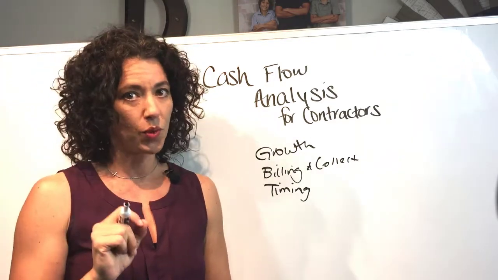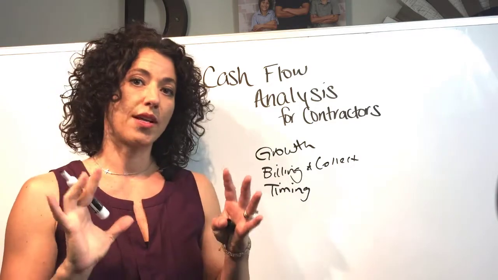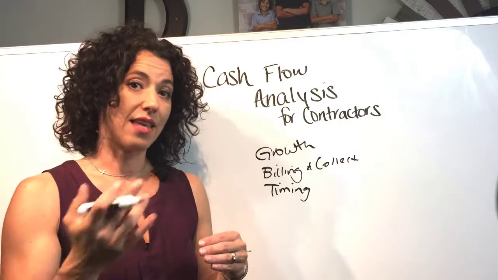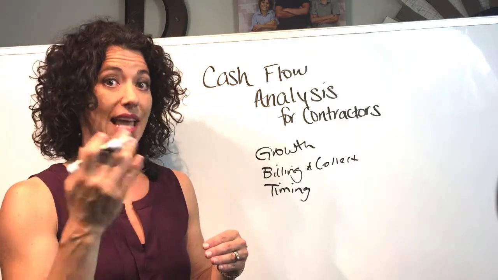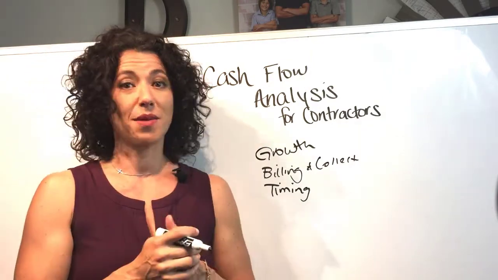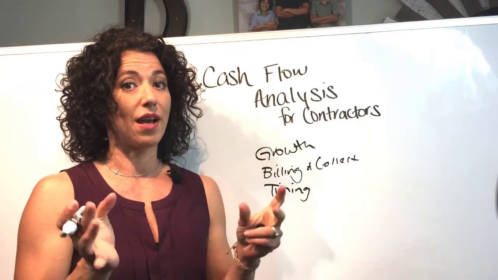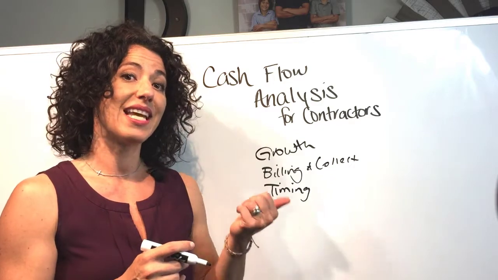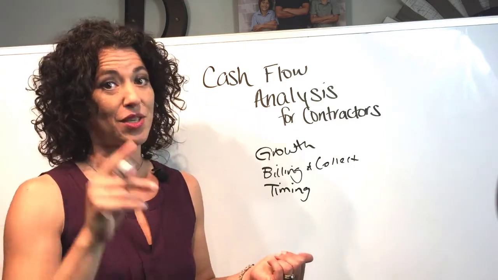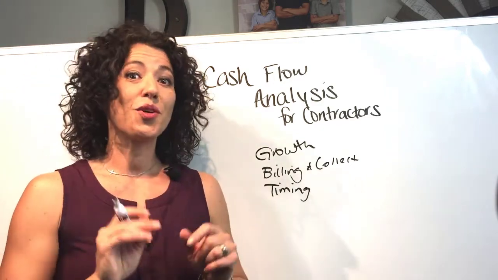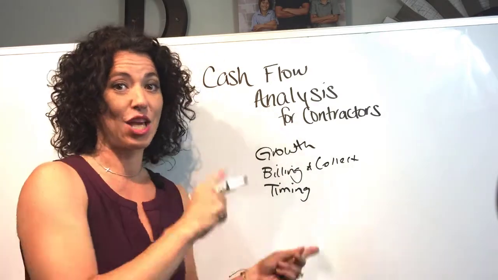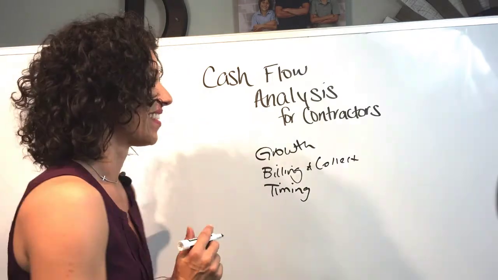You can do that through multiple ways, but if you want to just run a job detail report, you would be able to see the cost hitting and then the customer billings and collections. This is also something you may want to talk about in your accounting department or with your bookkeeper to make sure that you are taking advantage of any timing differences for your benefit. So if you're paying in 30 days, but collecting in 60 days, you've got a timing problem.